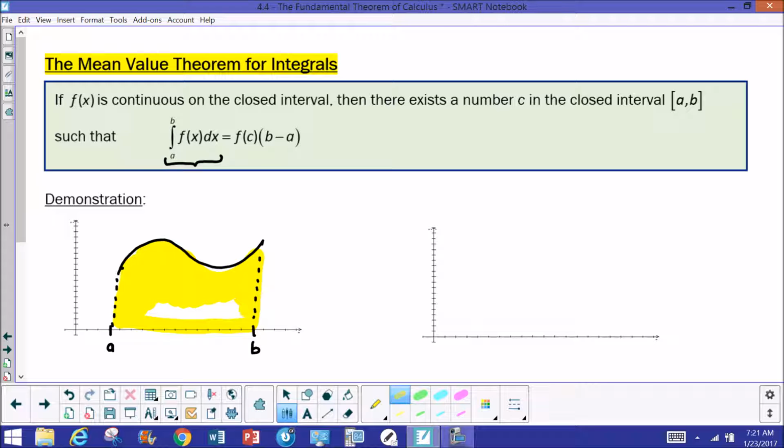And as I said, this is what we're looking at. This represents the left side of that equation. The amount of space occupied by that yellow highlighted region is the left side. Now let's take a look at the right side.